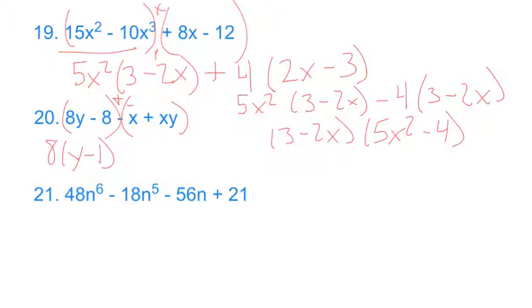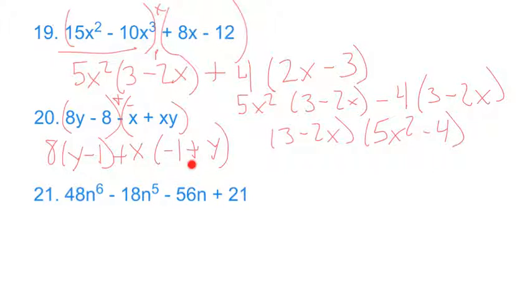Then I'm going to add, the common factor between these two here would be x. Dividing both terms by x, pulling out my x, I'm going to have x times (negative 1 plus y).